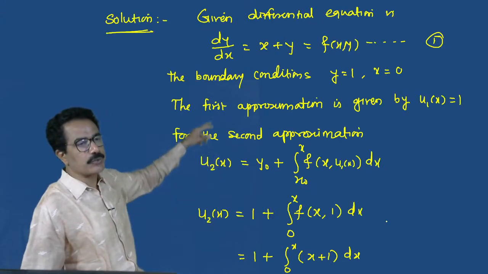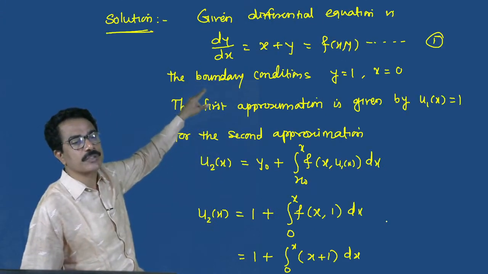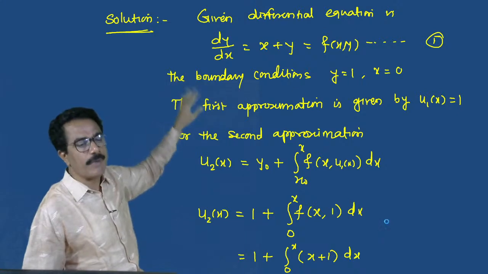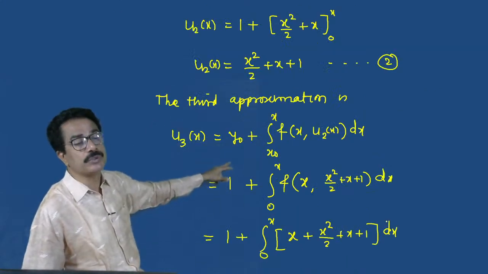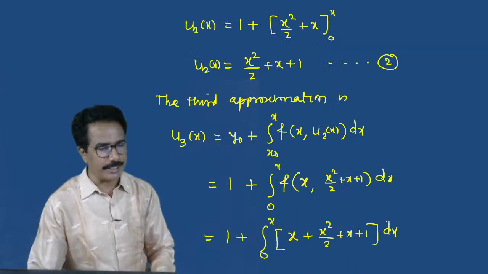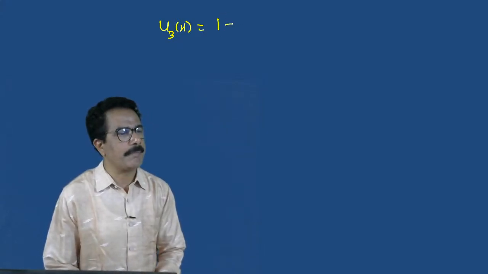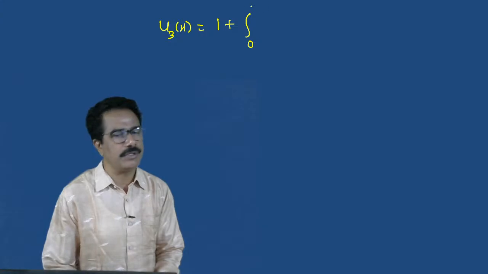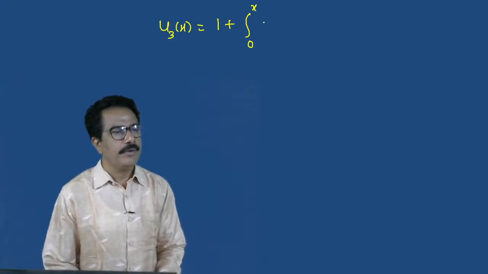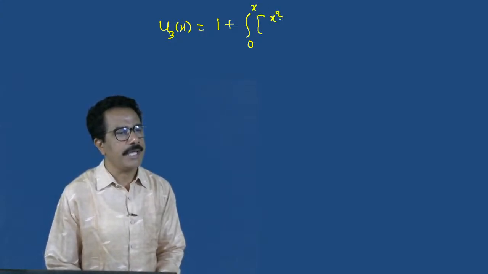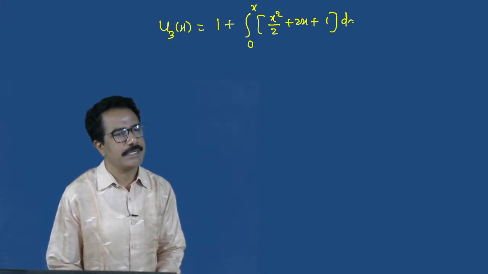See this, f of x comma y means x plus y. x as it is, y means again we have to put u2. So u3 of x is equals to 1 plus integral from 0 to x, we can write x square by 2 plus 2x plus 1 dx.